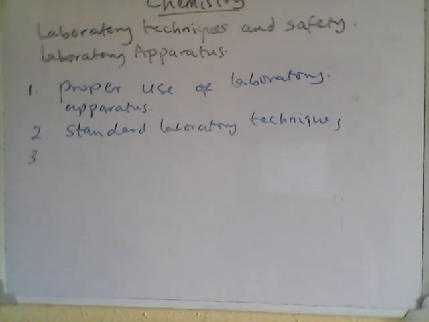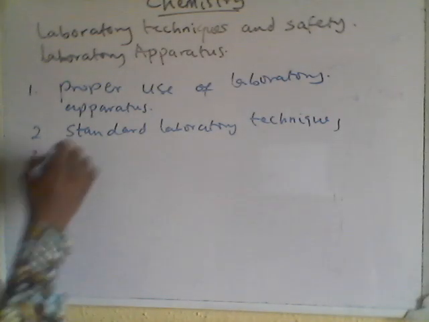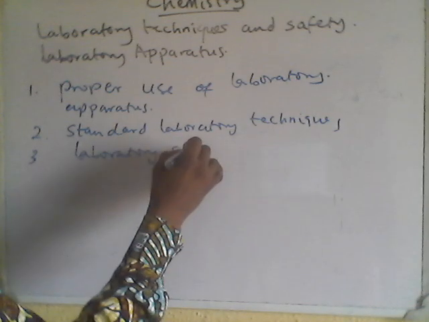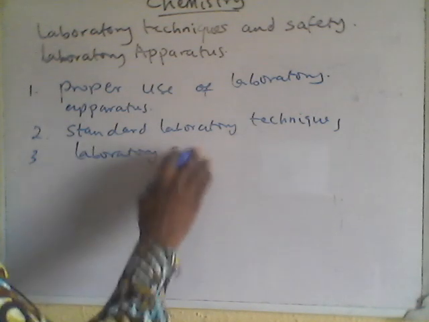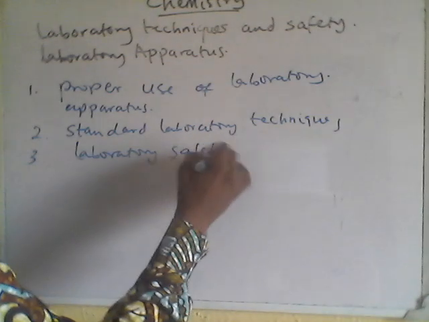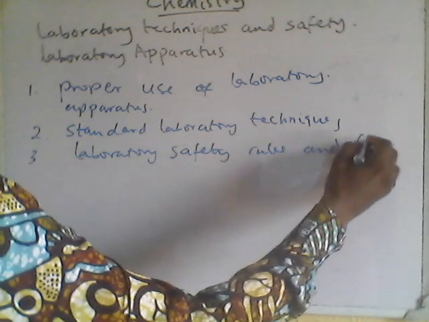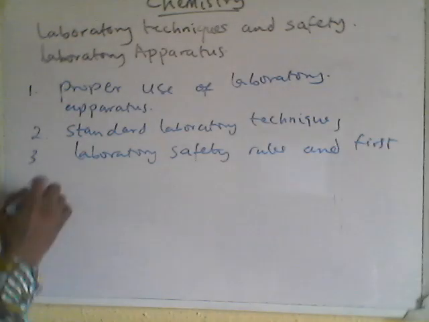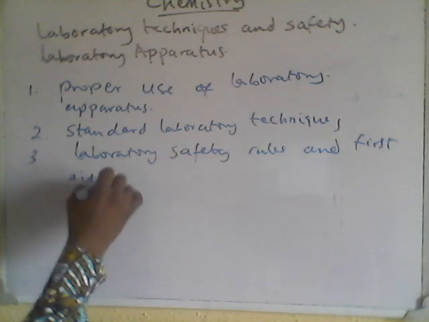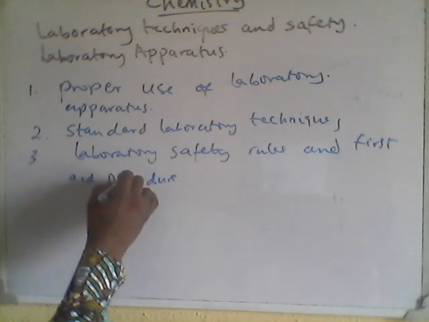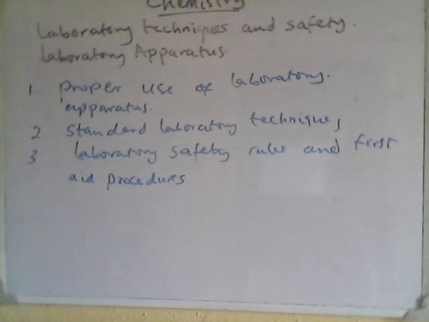Then we also must understand laboratory safety rules, and first aid procedure. So if anything goes wrong, what should we do immediately? Because we are dealing with chemicals, something can go wrong.